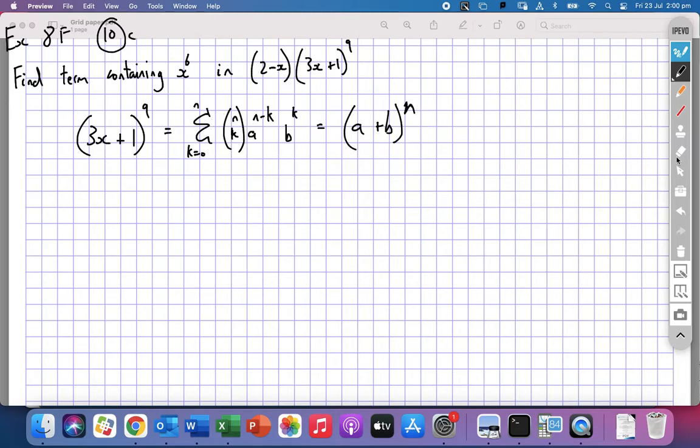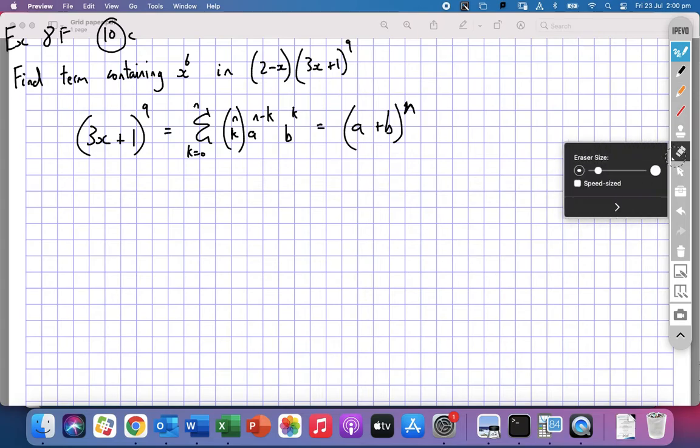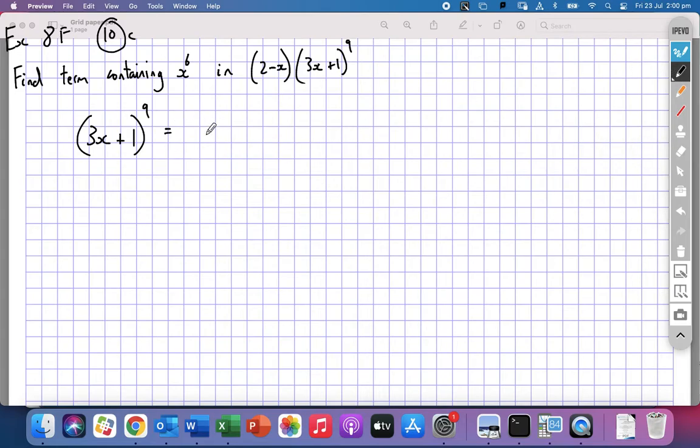Okay, so if we did this expansion, I'll get rid of that general sum formula now, and let's just think about doing this expansion. We'd be saying, first of all, we've got n choose 0, which is 1. Then we'd have the 3x to the power of 9.